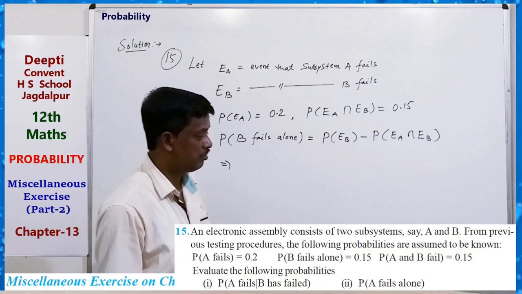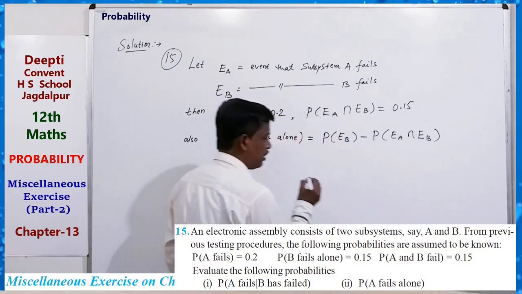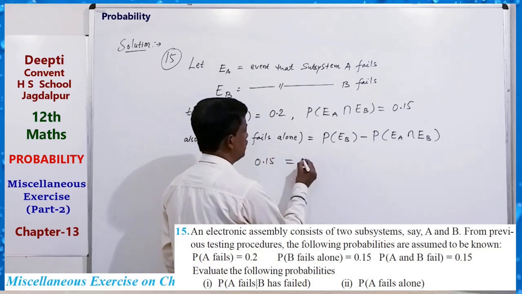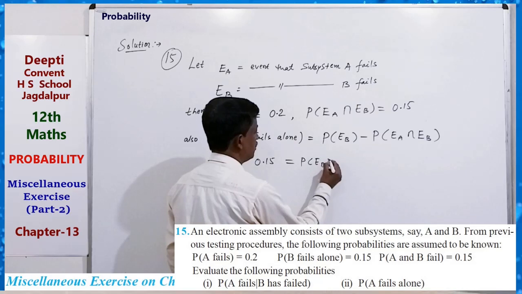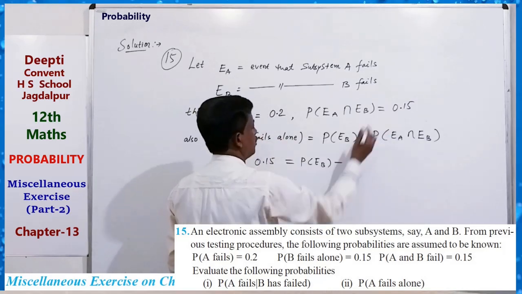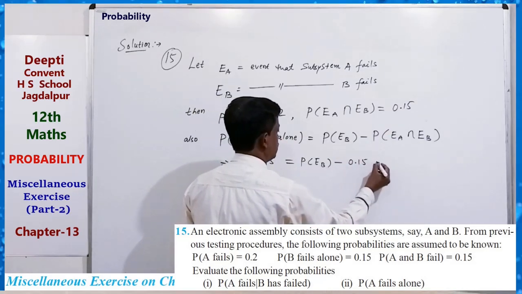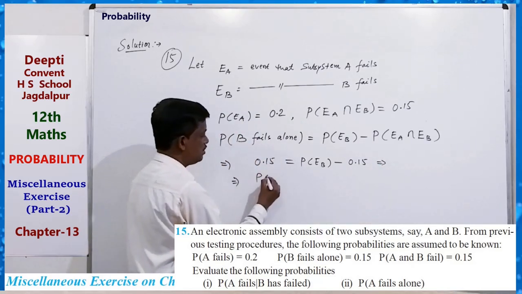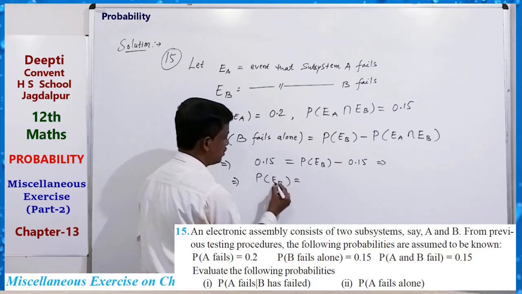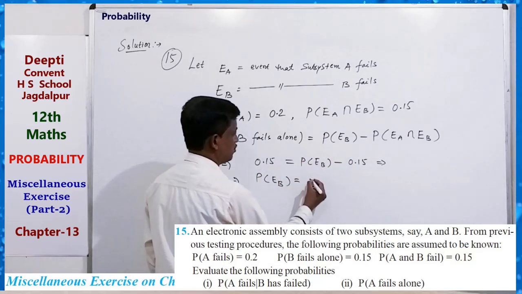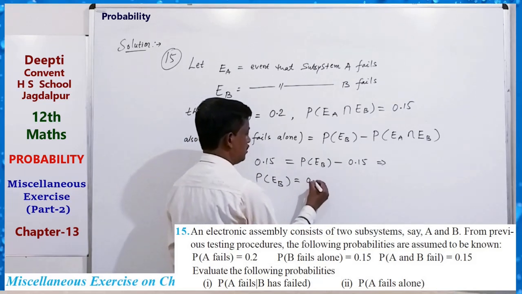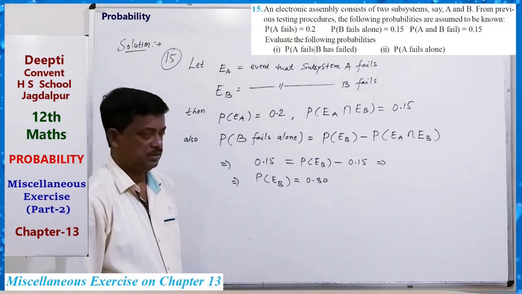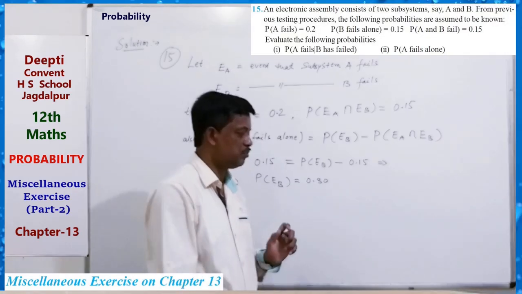It is given as 0.15. So 0.15 equals P(EB) minus the both-fail situation. From here we can see that P(EB) equals this plus this, meaning 0.20.